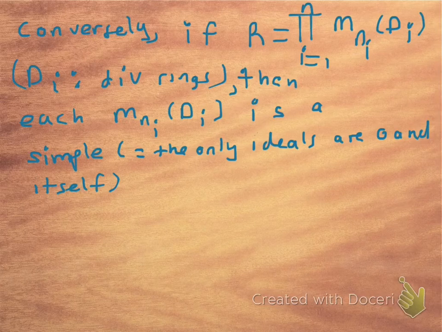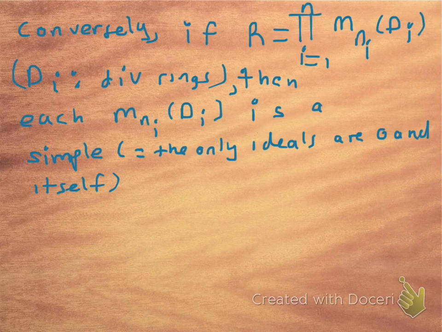I think a sketch will be sufficient here again. Assuming the converse, that R is a direct product of such matrix rings, where the D_i are division rings, all we have to do is to observe this.